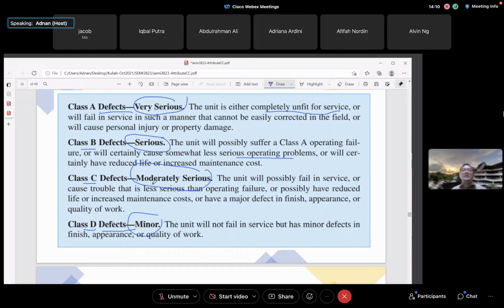Moderately serious means it will be possible to fail in service, but less serious than operating failure. Minor is not failing, just a failure of appearance.